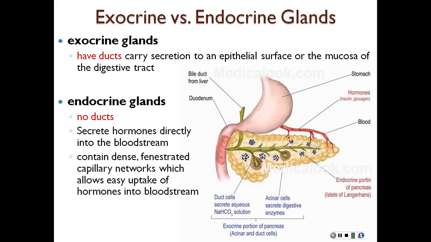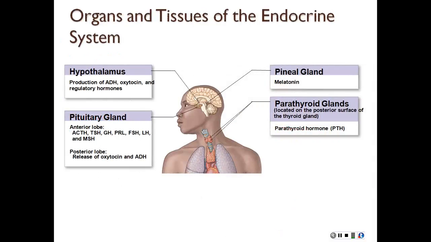Whereas the exocrine function of the pancreas is to secrete digestive enzymes that break down our food coming through the intestines. This is the exocrine glands, and they secrete into this duct that carries the secretion on into the small intestine. So we'll talk more about those in the digestive system chapter.